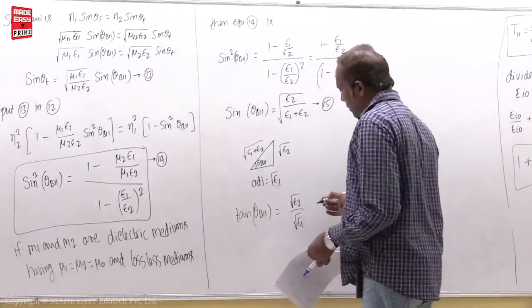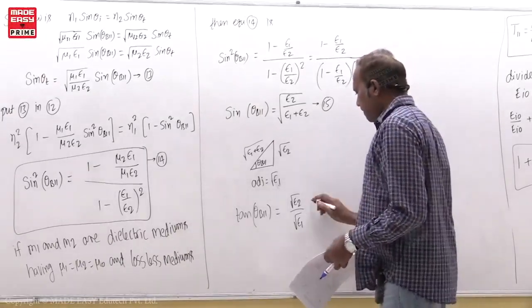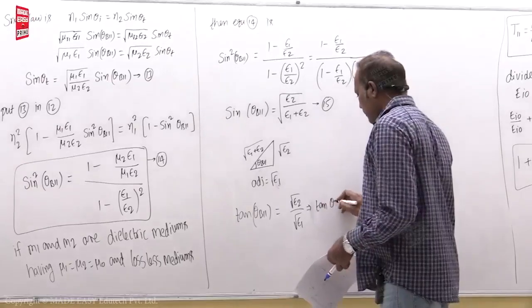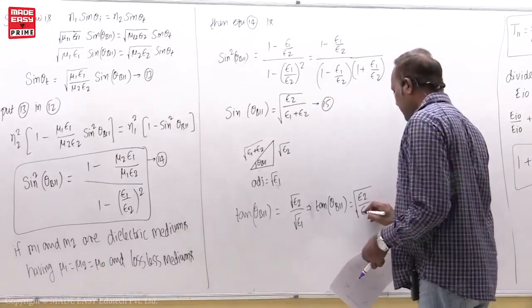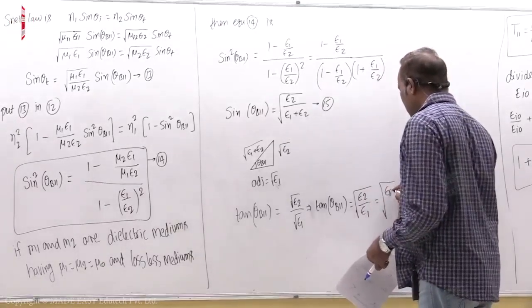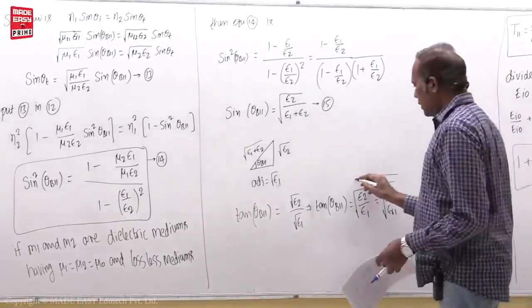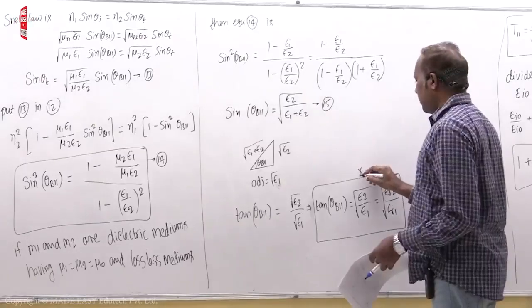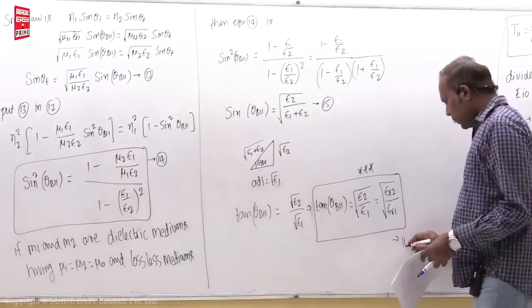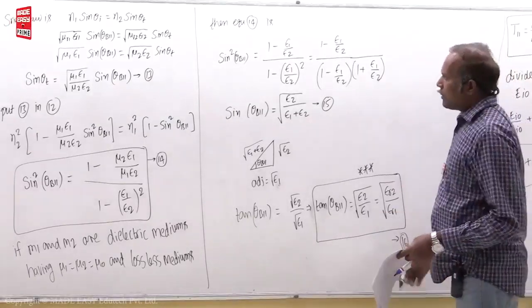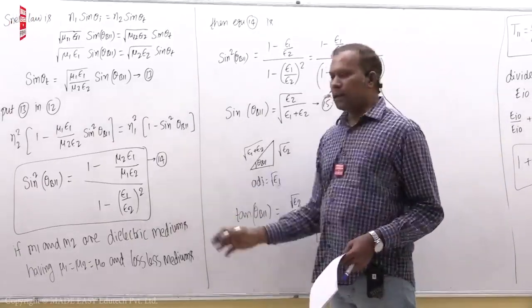So you are going to remember this tan theta b, Brewster triangle for parallel polarization: root of epsilon 2 divided by epsilon 1, that is nothing but epsilon r2 divided by epsilon r1, because epsilon naught cancels. So this formula only they give in examination, because always we take dielectric mediums, but it depends on your interest whether to remember this or not.